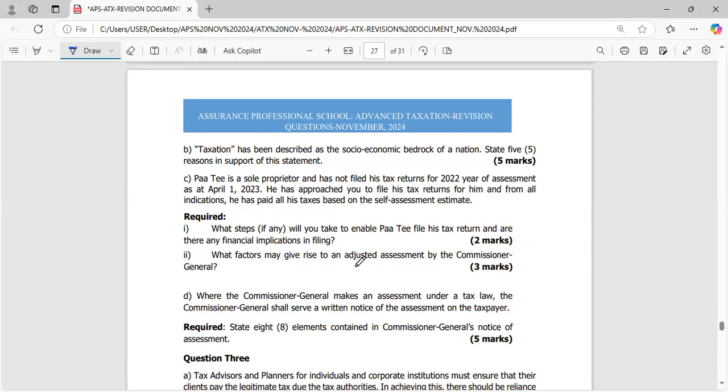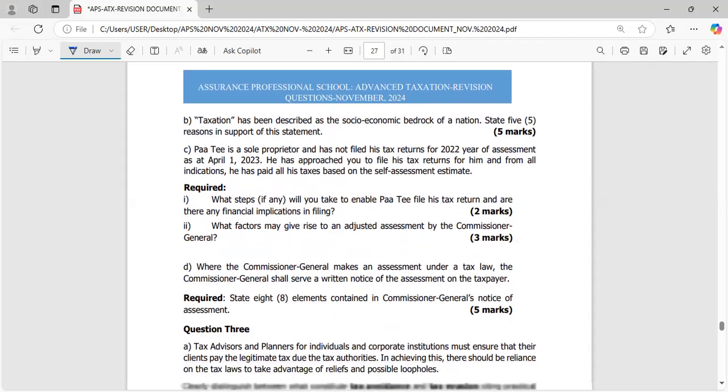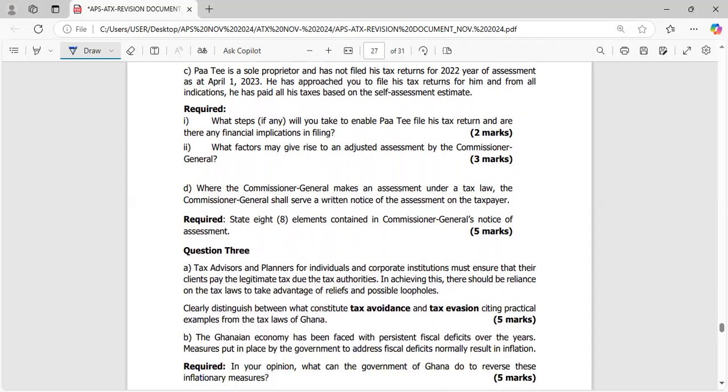What factors may give rise to an adjusted assessment by the Commissioner General? When you file wrong amounts. I spoke about this one.